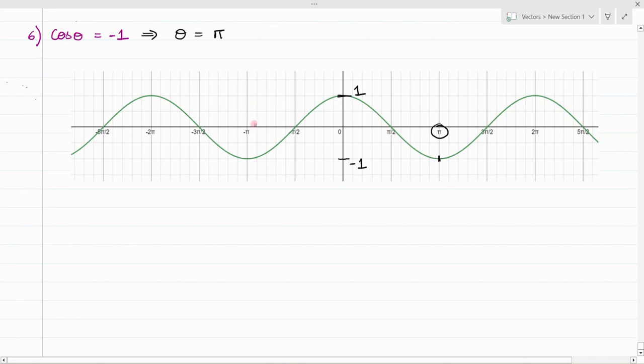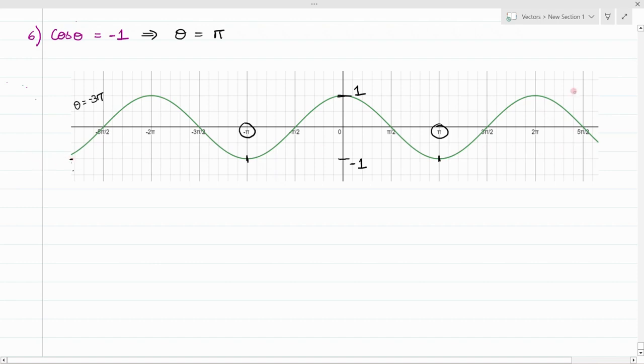So similarly, from the graph, we can say that at theta equal to minus pi, the cos value is also minus 1. If you see the graph again, it's not shown here, but at theta equal to minus 3 pi also, you will see the value will be minus 1.